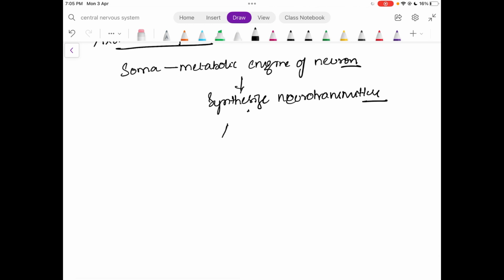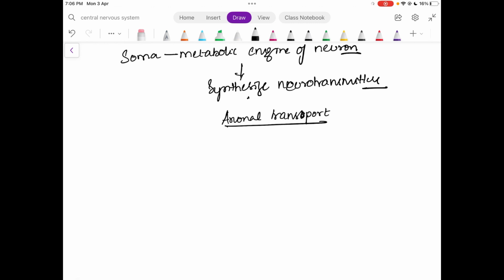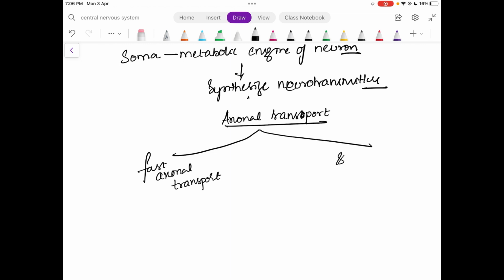And this axonal transport is of two types. That is fast axonal transport, and we have slow axonal transport.